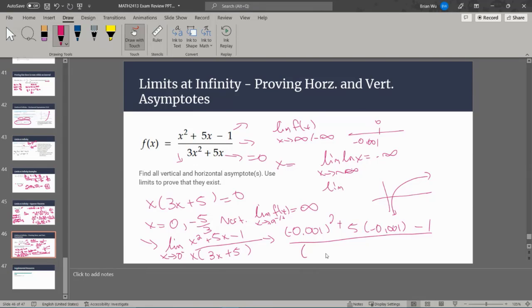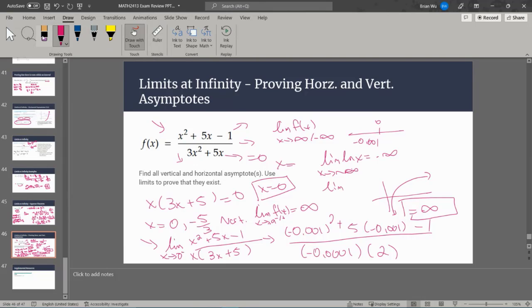As this one goes closer to 0, which means that it gets smaller, we're going to approach infinity. So because this limit approaches infinity, we can prove that there's a vertical asymptote at x equals 0.